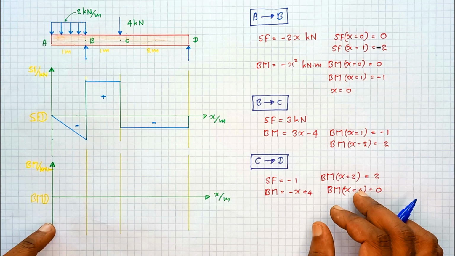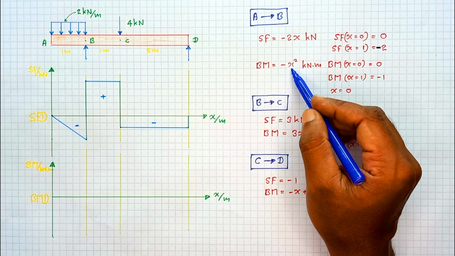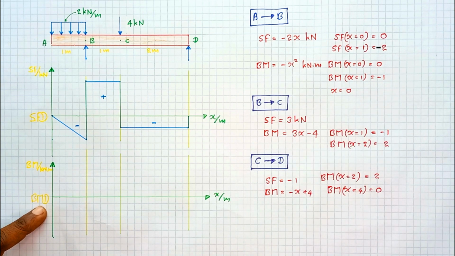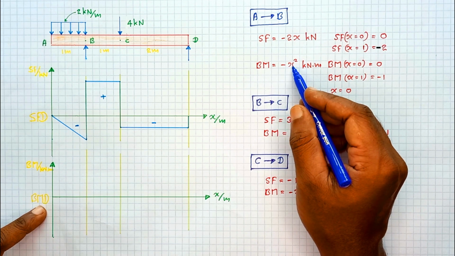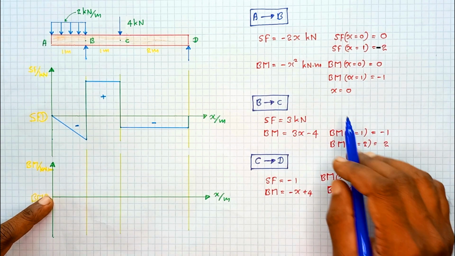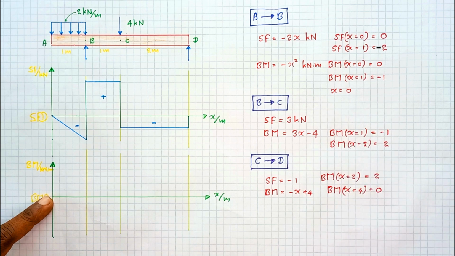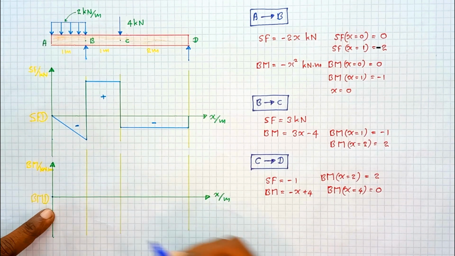So then let's do the bending moment equation. Here you can see the bending moment is a minus x square. It's a parabola having its maximum symmetric around the y-axis. So its maximum value is at the coordinate center, so the value is equal to 0. Symmetric around x equal to 0. So then this is the maximum point.